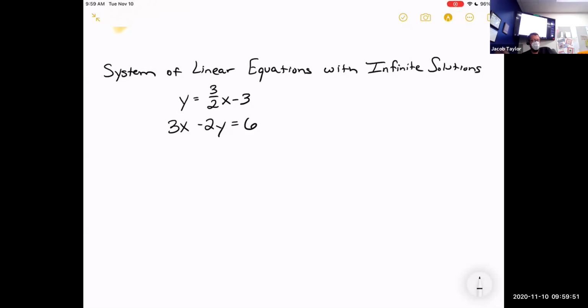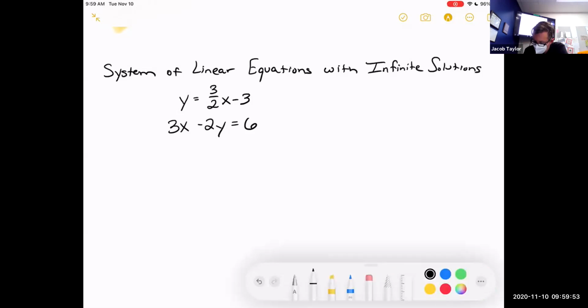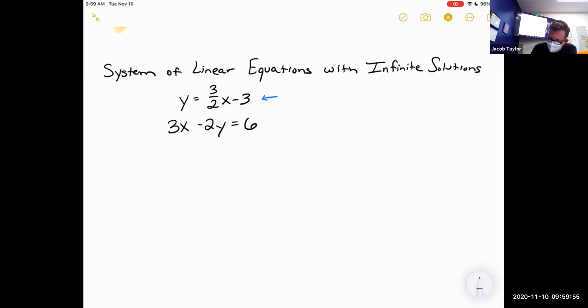So the first equation is already in slope-intercept form. So the slope of that first equation is 3/2. Good.